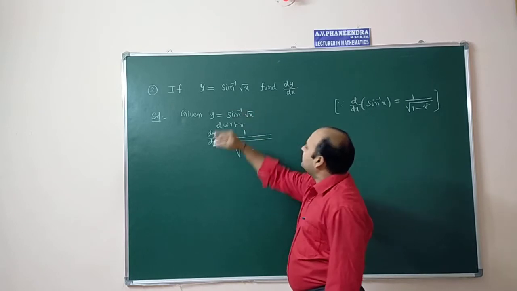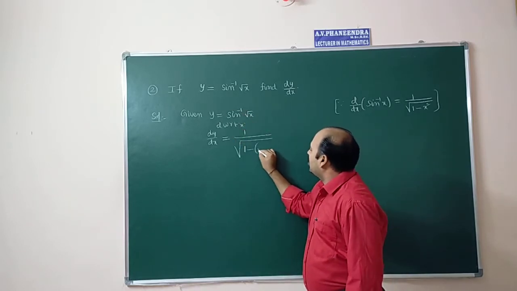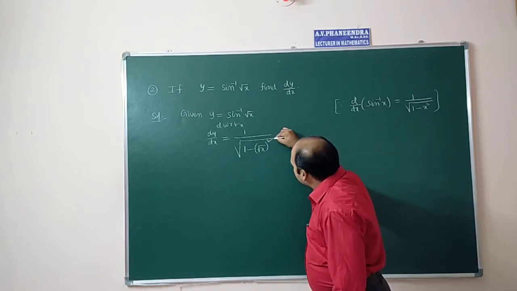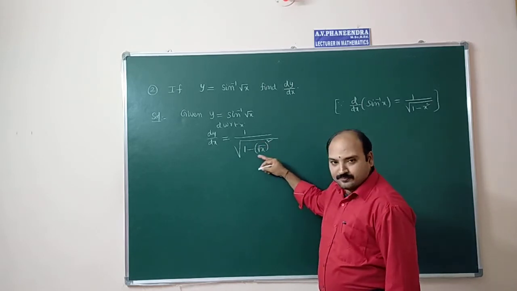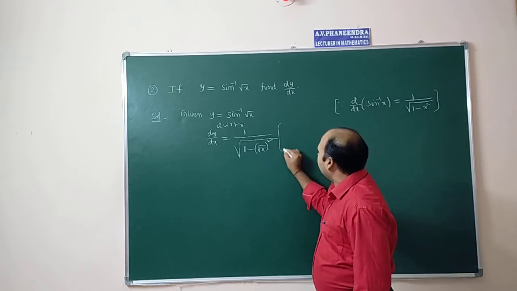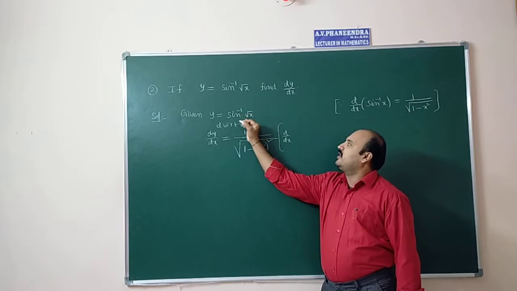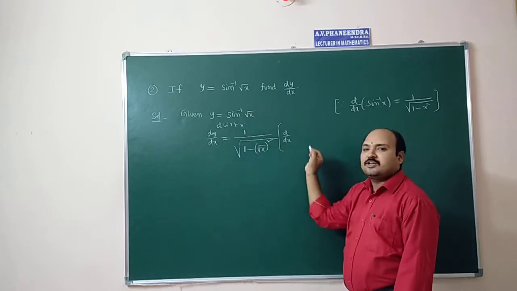In place of x, root x is there, so root x whole square. This square is for only this term. After that, into d by dx of whatever function is involved in the given function, that we have to differentiate again.